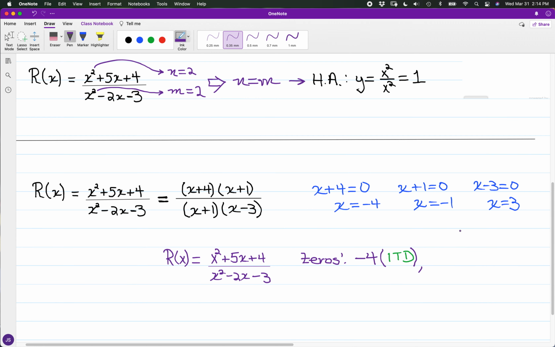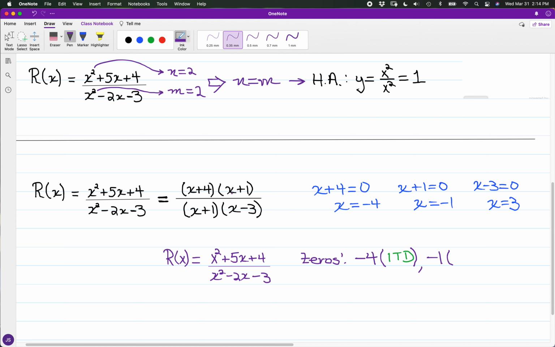Now for our other zeros, we have negative 1. This stems from x plus 1. Now x plus 1 is in the numerator, and if it were only in the numerator, we could say that negative 1 is in the domain.